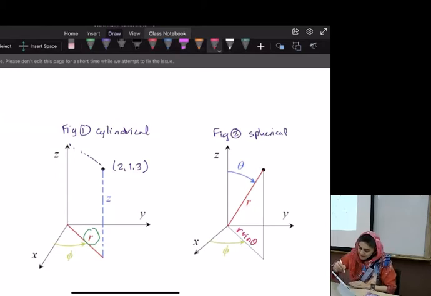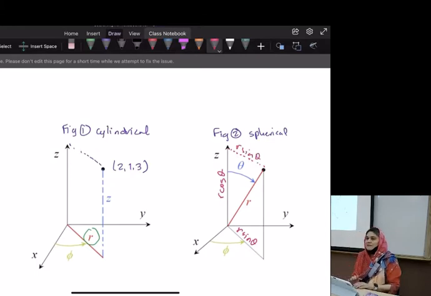Why is it R sine theta? Because look at where it comes from. Do you see where it comes from? This is R cosine theta. And this is R sine theta. Do you see it? So in fact, you are projecting down R sine theta.